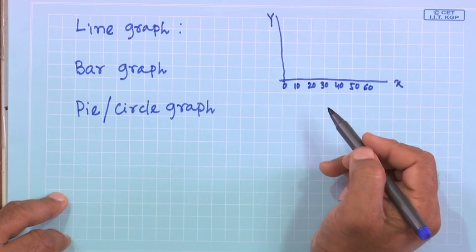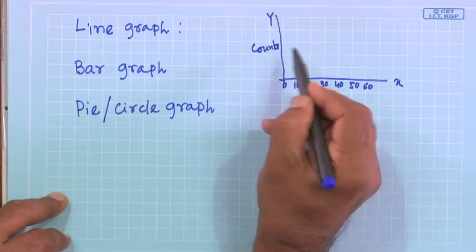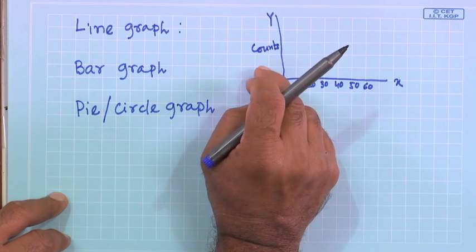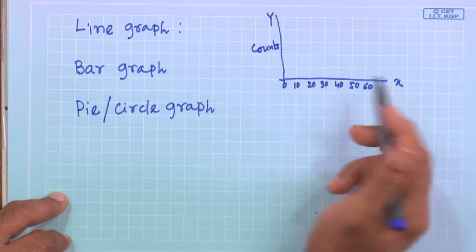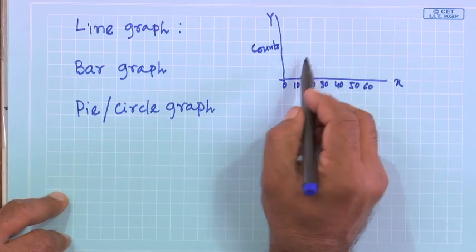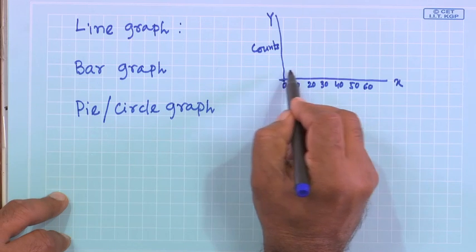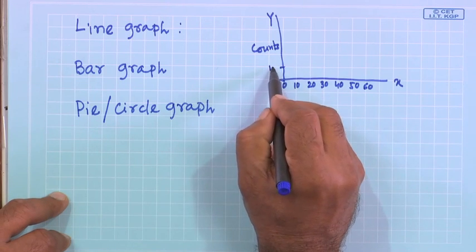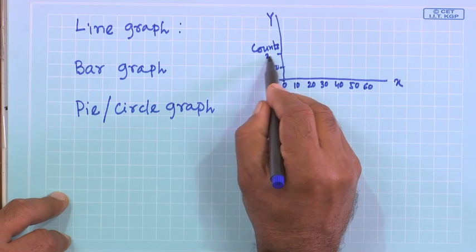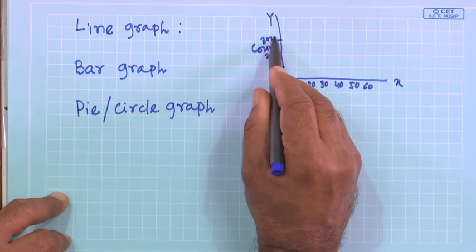Then we plot the counts here, the number of particles or the number of students. We have to make a scale, say this is 100, this is 200, this 300 like this.